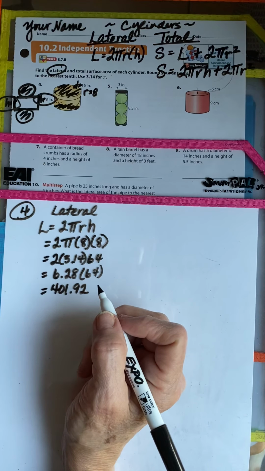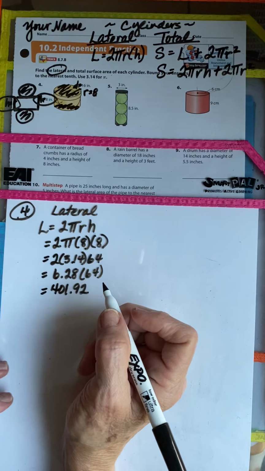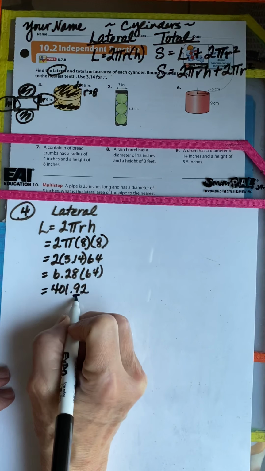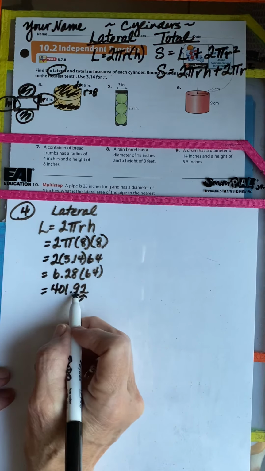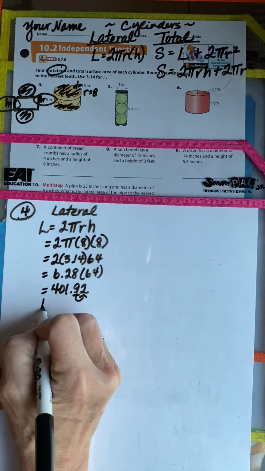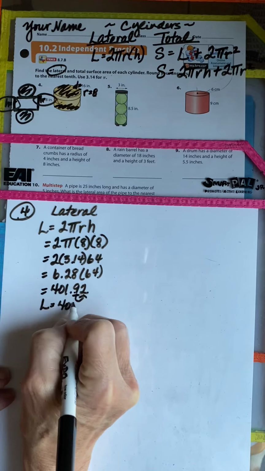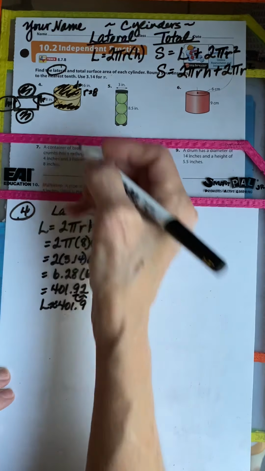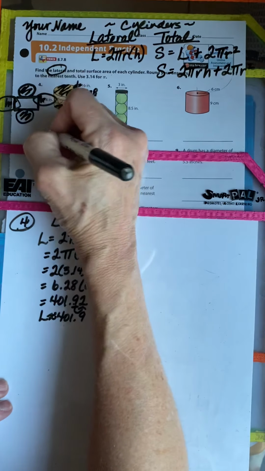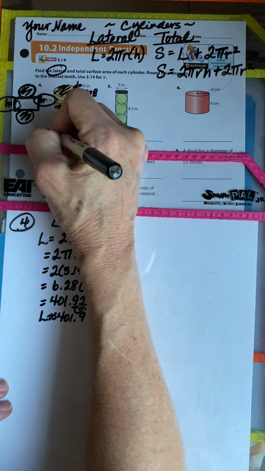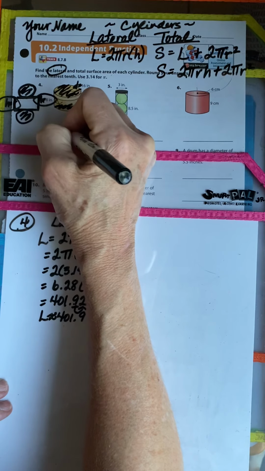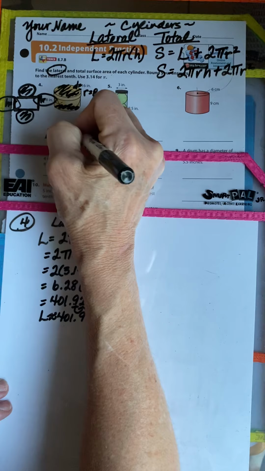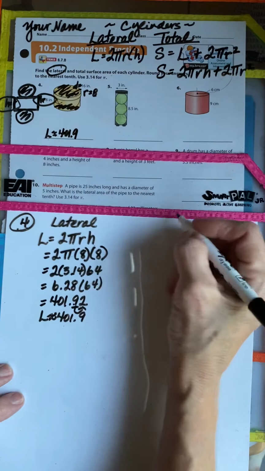They said to use 3.14. Okay, and to the nearest tenth, look next door, so it would just be 0.9. So L equals 401.9 approximately. There we go. So go down up to your line and put L. L is approximately 401.9.